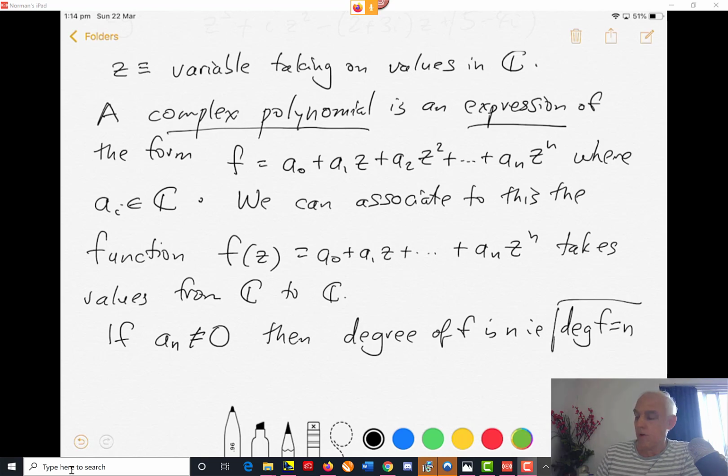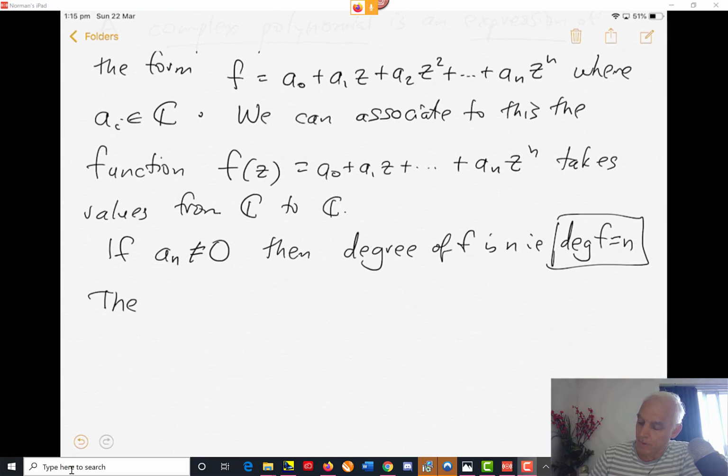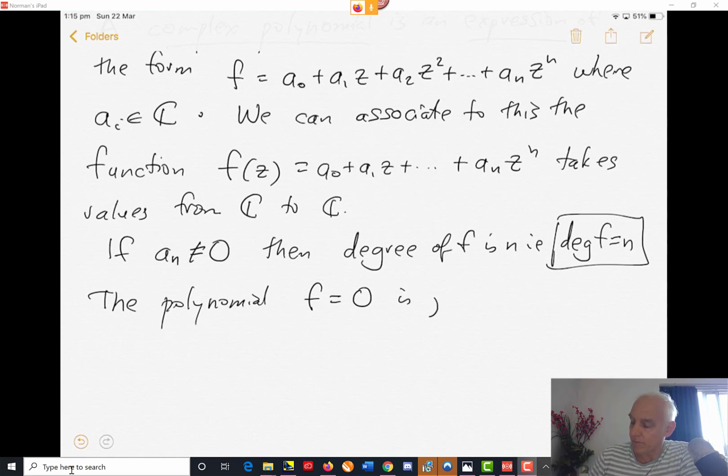And the special polynomial f equals just 0 does not have a degree, okay? It is just sometimes written 0, and its degree is not defined.